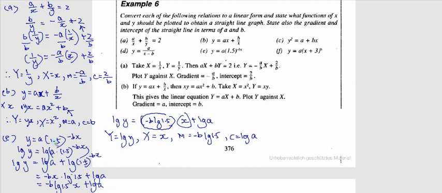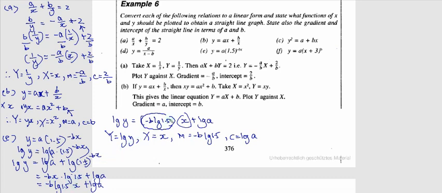Now let's check for any mistake. Log both sides, this splits into log a, log 1.5 to the power of minus bx. This brings it down to become the coefficient. Okay. Now then reorganize this, all the unknown and the known value which does not contain x all move to one side: minus b times log 1.5 and then followed by x.